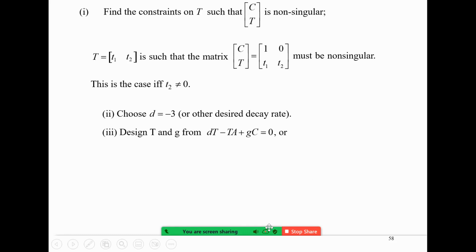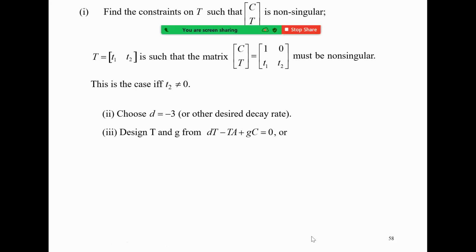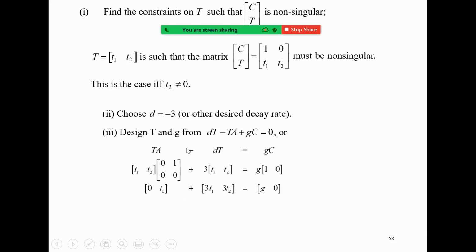You just plug in the expression of all the design variables. We write this equation as TA minus DT equals G times C. This is T, T1, T2. This is the A matrix, we already know. Now this D is already given, -3, that's why I have +3 times T1, T2. G is a design variable, and C is given, 1, 0.